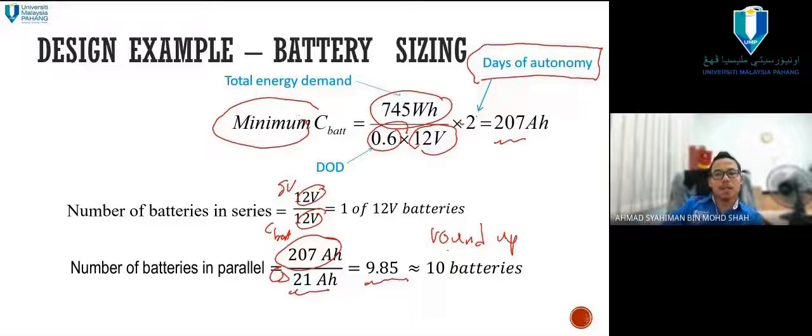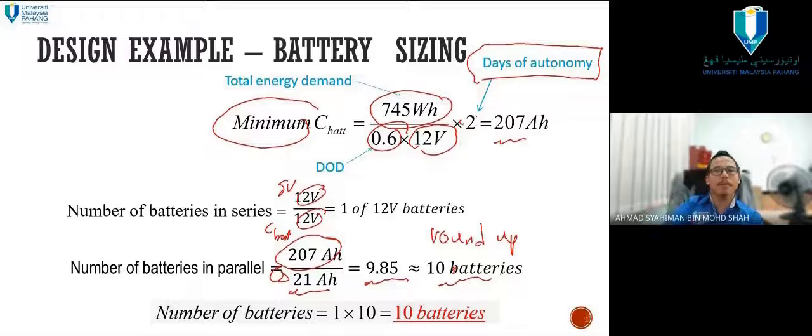So that's why we get 10 batteries in parallel. The configuration of the battery for this system is 1 in series and 10 in parallel. So in total you need 10 pieces of 21 Ah battery for this example.